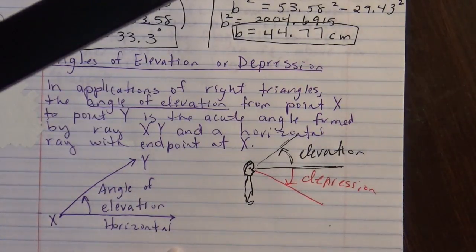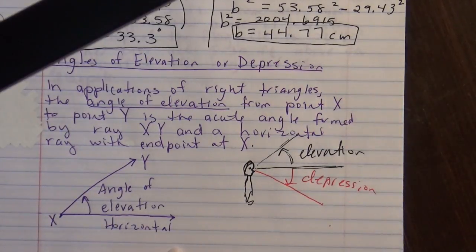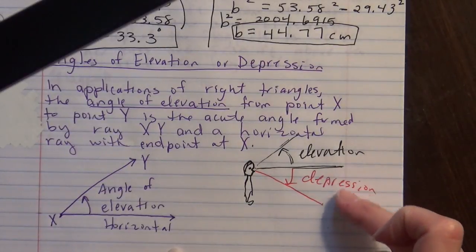So that's what that means. It's all based on your line of sight as you look across. If you're looking up at the sky, you'll have an angle of elevation from your line of sight. If you're looking down maybe into a canyon, you'll have an angle of depression from your line of sight.